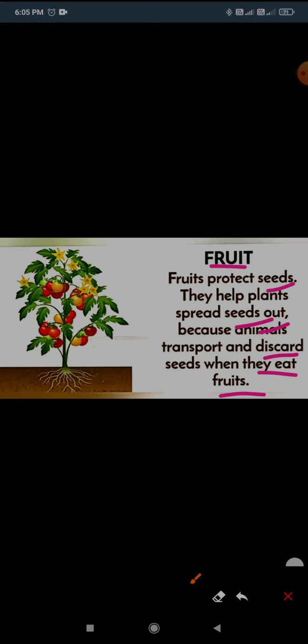So this is also a very important part of the plant, and there are so many fruits that we like. Now this is the season of mango, lychee, and I love to eat mango. Okay, so some more examples of fruit you already know: apple, banana, monkey loves to eat banana, and nuts.